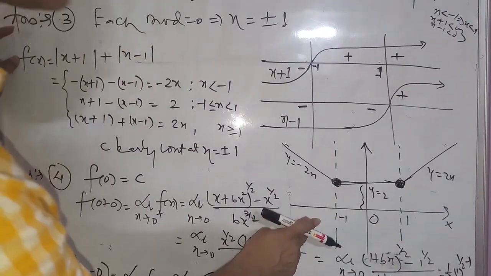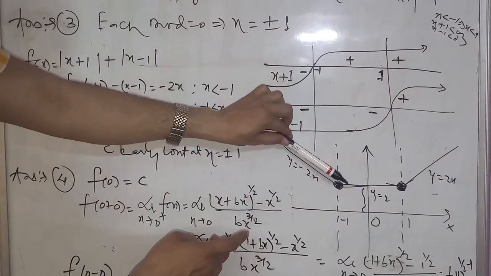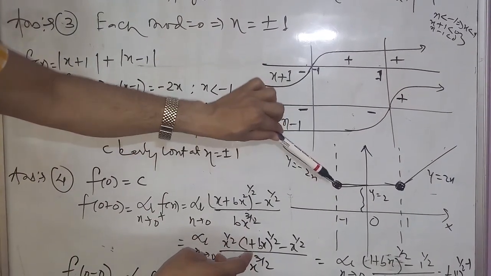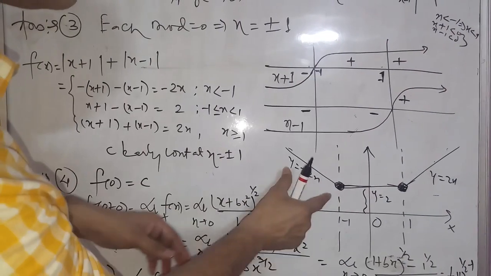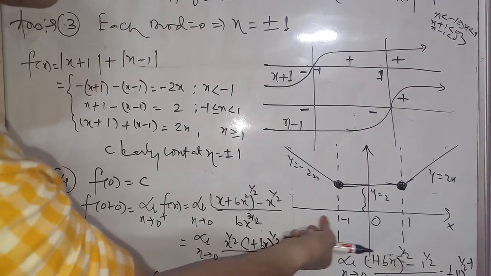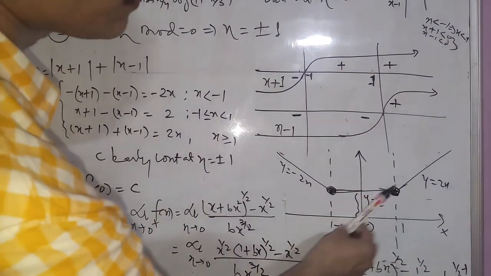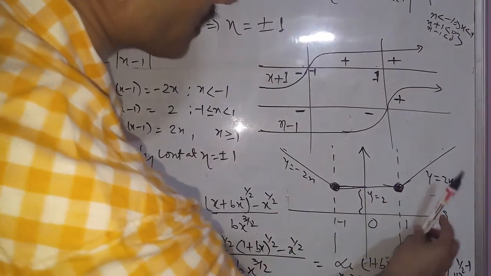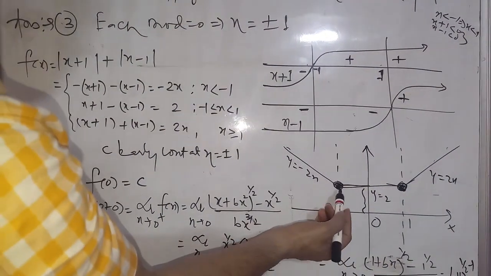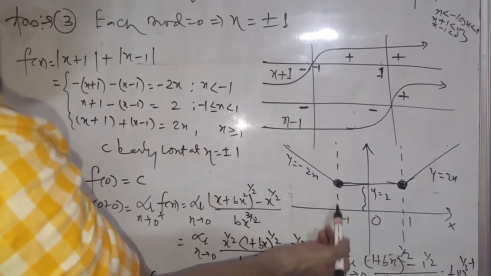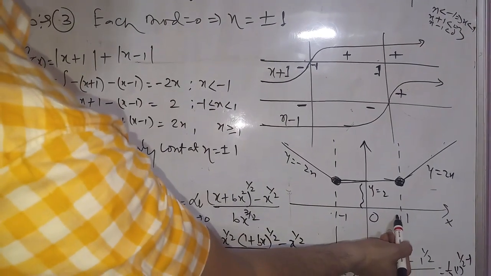When x less than minus 1, y equal to minus 2x. Obviously this line will pass through origin. We have to take portion in the left of this line. Y equal to 2x, this line we have to take portion right of this line. Clearly function is continuous at minus 1 and plus 1.